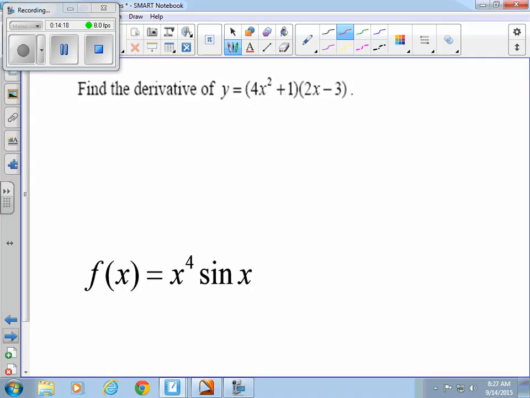I'm going to do the exact same thing with this problem with the product rule. Is this the same one from the bell ringer? No? I'm going to work this two ways.